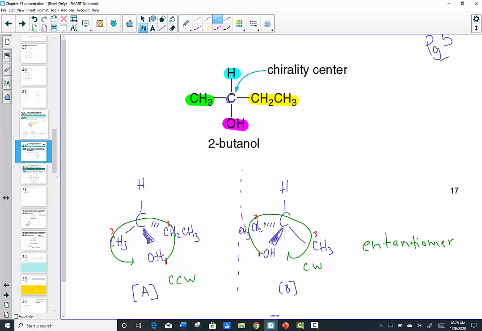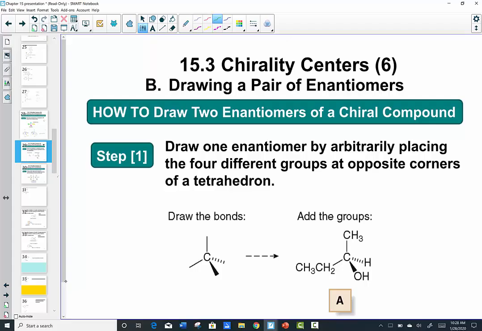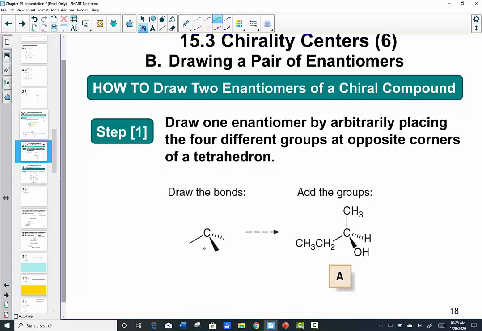And that means that they are indeed non-superimposable mirror images. So to repeat those steps, we drew the chiral carbon and just arbitrarily assigned the first center. Doesn't matter where I put those 4 groups. You can decide how you want to place those 4 groups. In this example, we see that the methyl was placed in the same plane pointing up. We see that the ethyl was placed in the same plane pointing kind of bottom right.